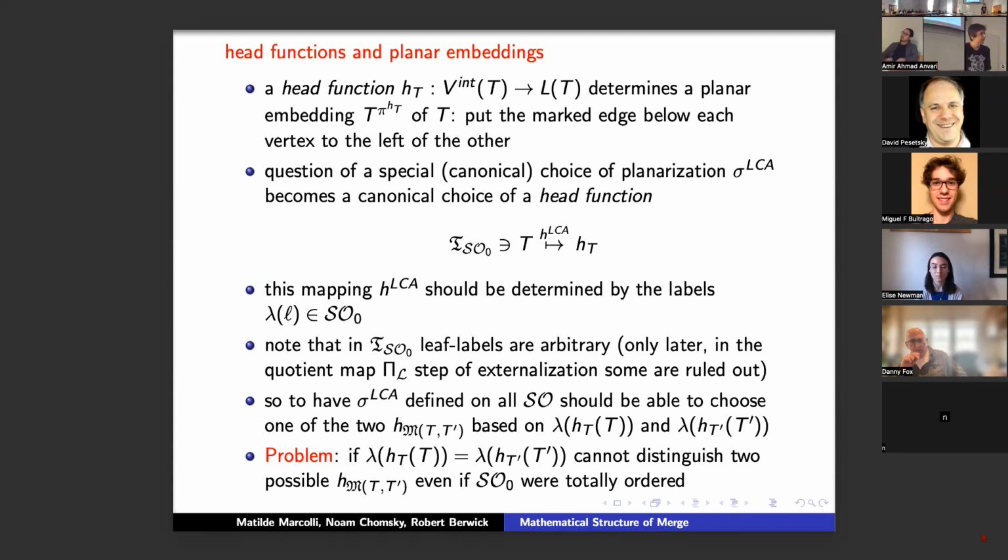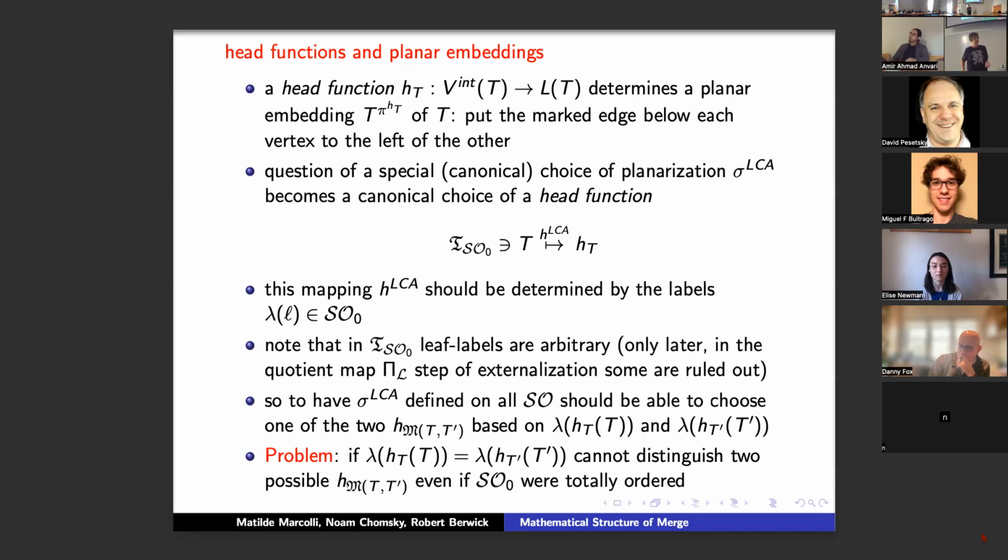This is not necessarily the planarization that you actually want. This is not a description of the planar structure that you want to assign through externalization that would take care of this kind of thing. I'm just saying that this linearization algorithm which I described is simply determined by following the head. And this would give you a planar structure. It's not going to be the same planar structure that you would want to get through externalization, because, for example, this would not be language dependent.